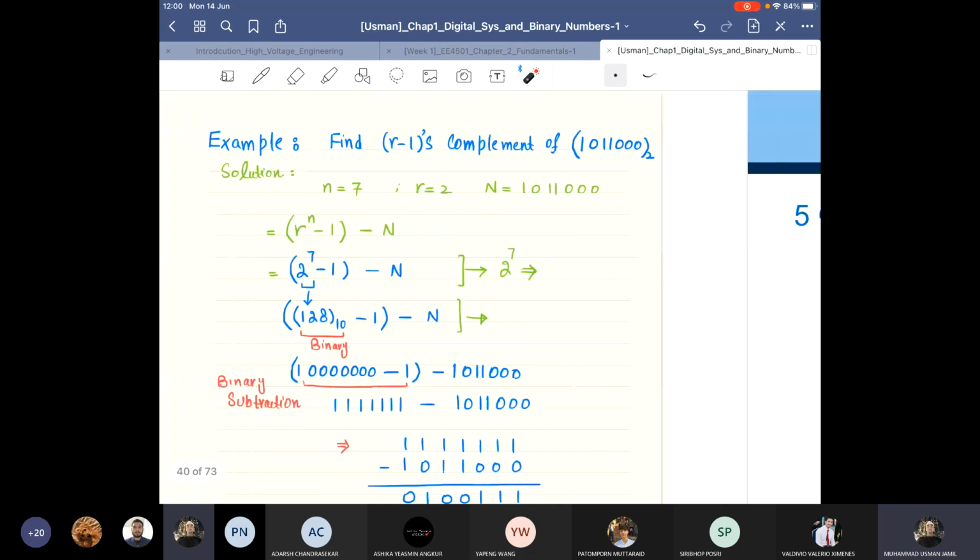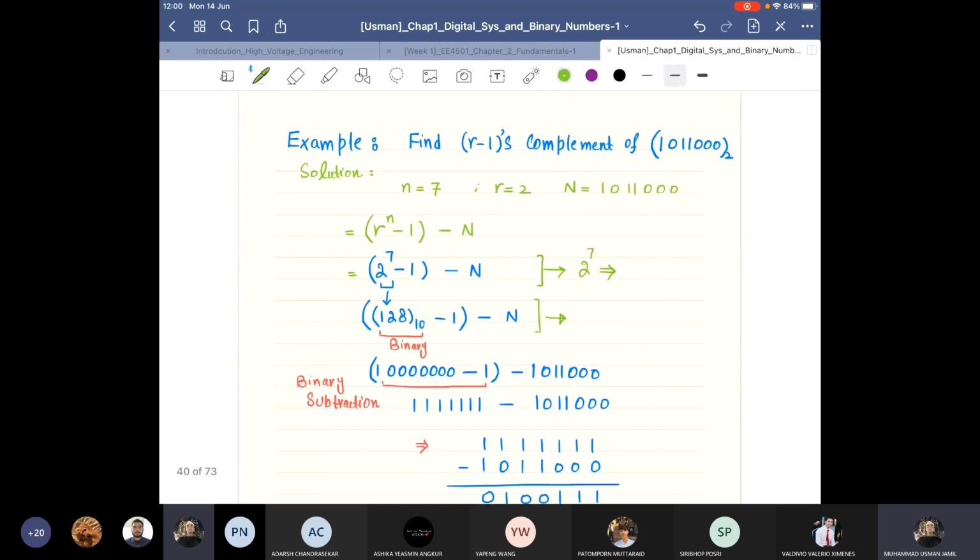So if we do this thing here, so it means we have a 1 here. How many n we have? 7. 1 2 3 4 5 6 7. So in binary, so we can write this one 1, and then how many n we have? So number of zeros. So we can do this one.